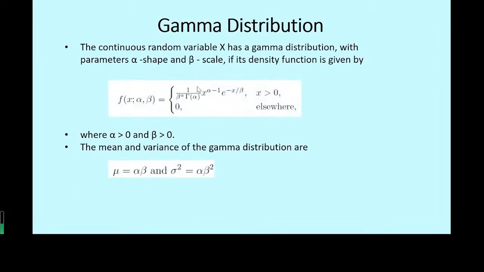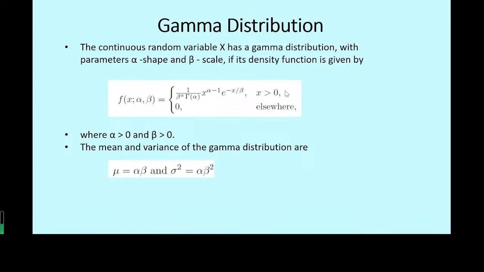From the gamma function, we can get the gamma distribution density function. Its formula is 1 divided by beta to the power alpha times gamma function of alpha, then times x to the power alpha minus 1 times e to the power minus x divided by beta, for x larger than 0.